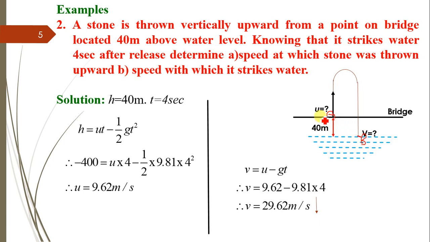Considering this A to B position, from throwing to reaching, it is in the downward direction. So whatever quantities we are considering here, that is h and v, will all be considered negative. Therefore h is given as the A to B vertical change in position, or displacement, equal to 40 meters.